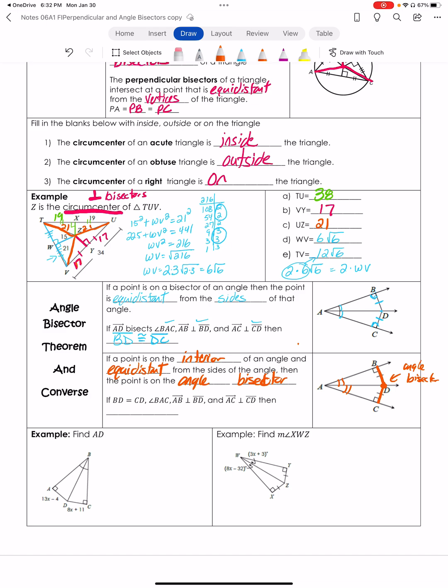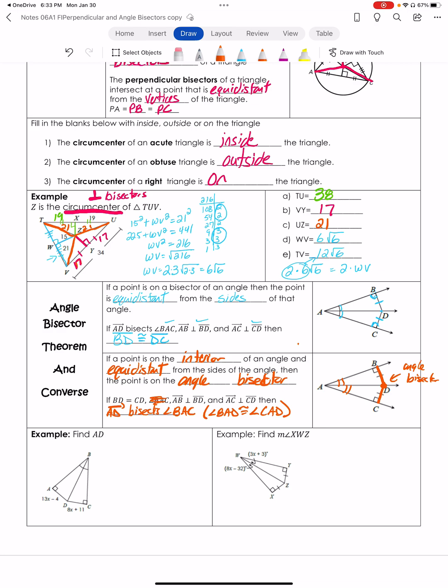So if I know that BD is equal to CD, AB is perpendicular to BD and AC is perpendicular to CD, then you know AD bisects angle BAC. And the other thing you know is angle BAD must be congruent to angle CAD.